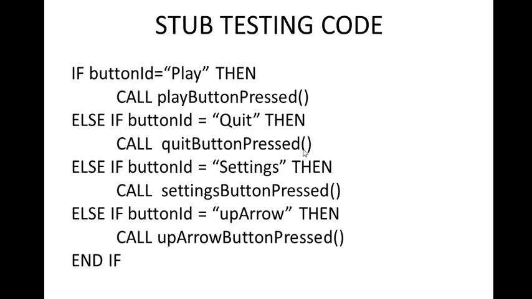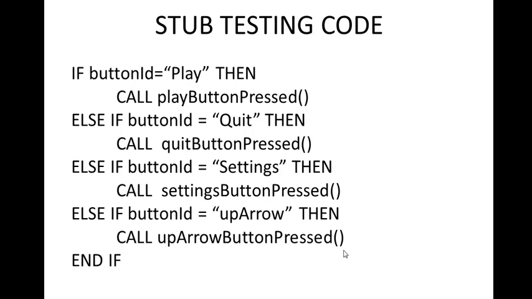We've not implemented it as a function, we've implemented it as a procedure. Likewise, when the settings button is pressed, call this method. When the up arrow button is pressed, call this method, right? So I hope you understand. So we write the stubs and then we write some sort of code through which we can call these stubs.